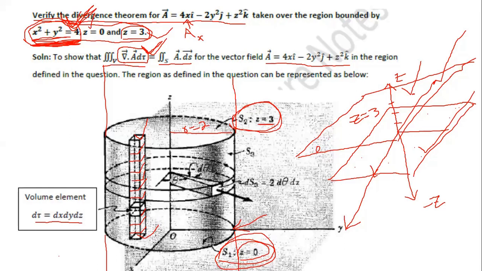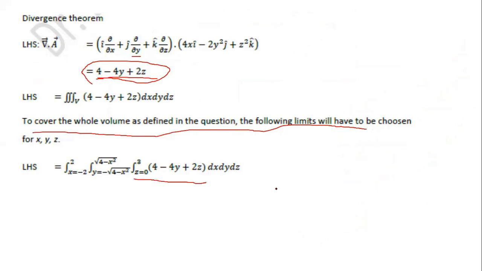So y squared is equal to 4 minus x squared, and when you take the square root, y is equal to plus or minus square root of 4 minus x squared. So you have to perform the summation over y from minus square root of 4 minus x squared to plus square root of 4 minus x squared.